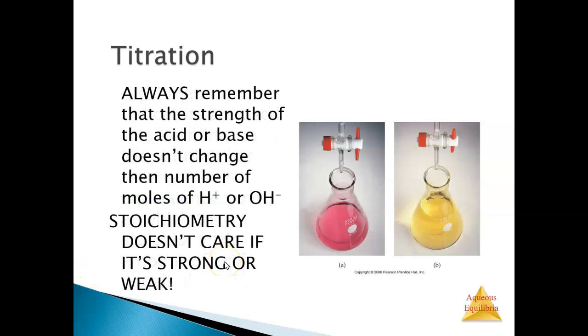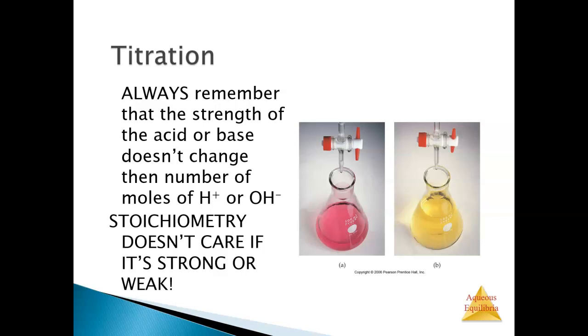One thing to remember when we're talking about titrations is that the strength of the acid or base doesn't actually change the number of moles of H+ or the number of moles of OH-. Stoichiometry does not care if it's a strong acid or a weak acid. If I have a 0.1 molar solution of HNO3, then I have 0.1 molar H+ floating around dissociated.